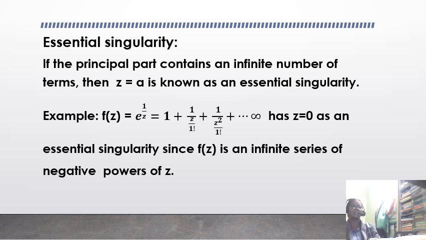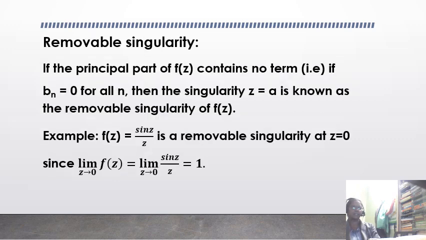and it has z equal to 0 as an essential singularity, since f of z is an infinite series of negative powers of z. Now next type is a removable singularity. If the principal part of f of z contains no term, that is if bn is equal to 0 for all n, then the singularity z equal to a is known as the removable singularity of f of z.